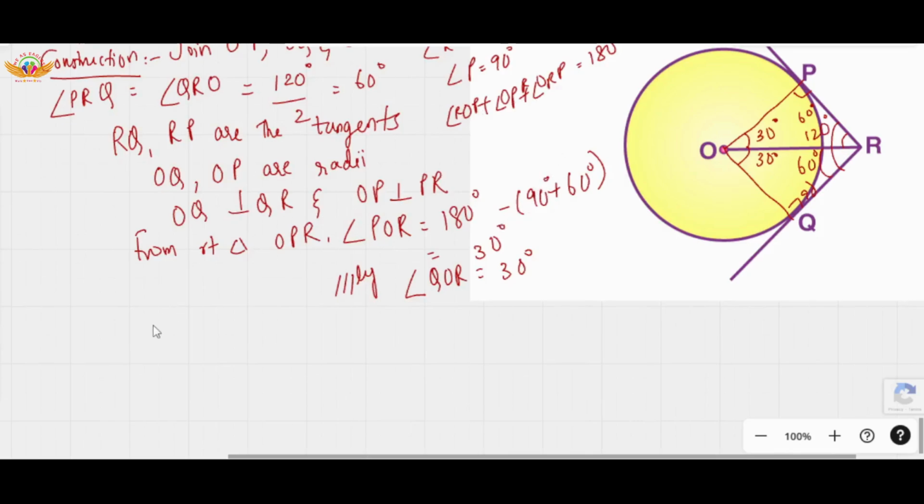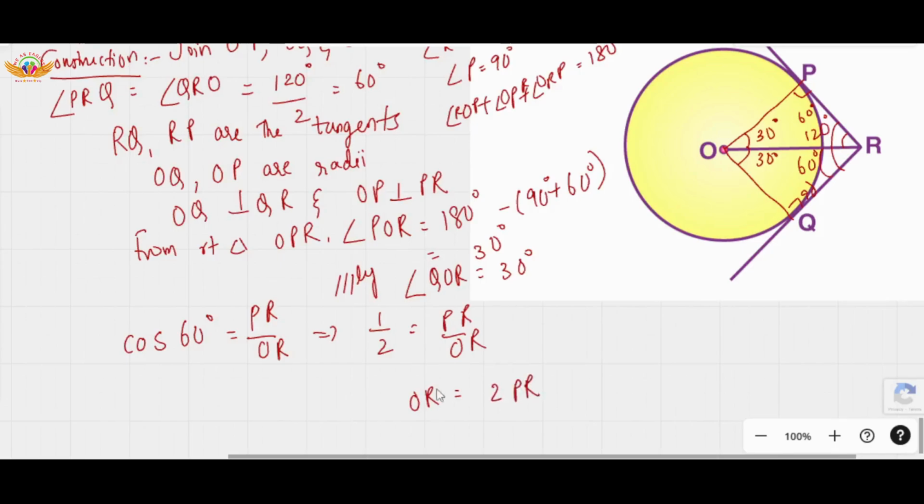So I'm going to take the trigonometric ratio cos 60 degrees from angle R. If this is my 60 degrees, then my adjacent side will be PR and my hypotenuse will be OR. So PR by OR, and cos 60 we know as 1 by 2. So 1 by 2 equals PR by OR.